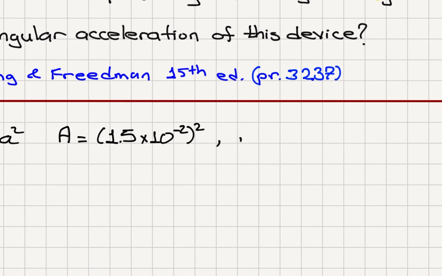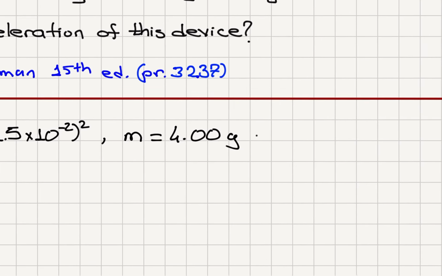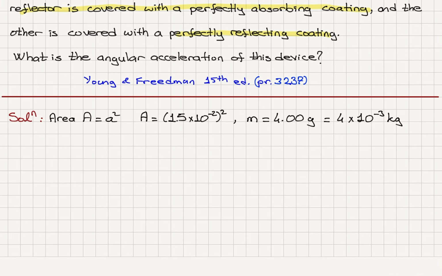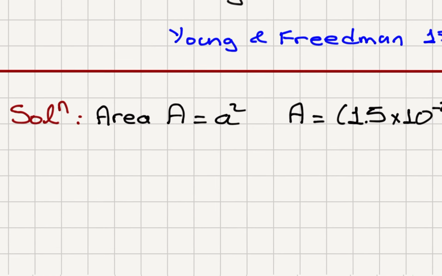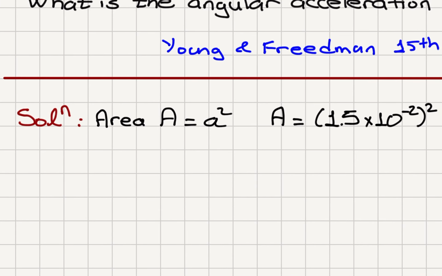The mass of each reflector is 4.00 grams, which is 4 times 10 to minus 3 kilograms. The maximum electric field that hits the surface perpendicularly with the sinusoidal electromagnetic wave is 1.25 newtons per coulomb.